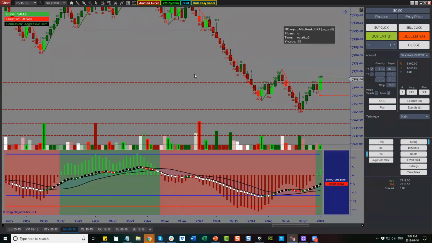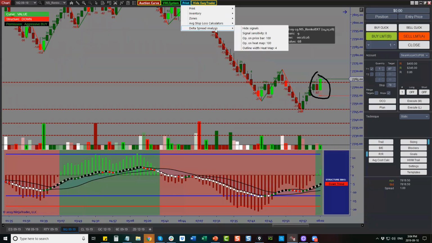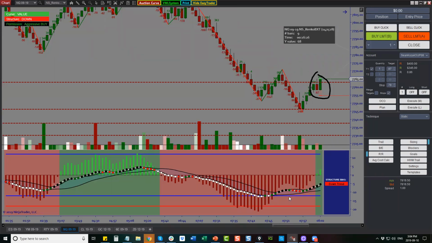There was the delta. Does everybody see this bright green bar here? That bright green bar is controlled through what we call delta spread analysis. If I turn off everything, how can you tell that that green bar is more significant than every other positive delta? This is important for me to explain.